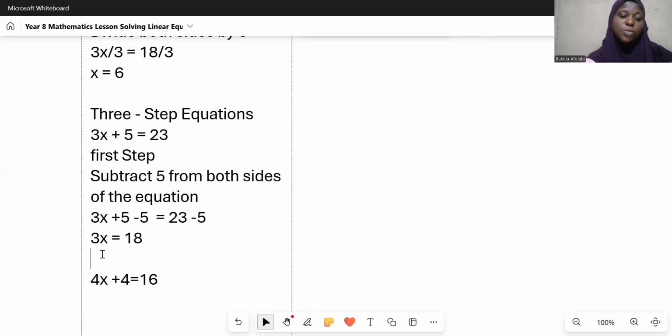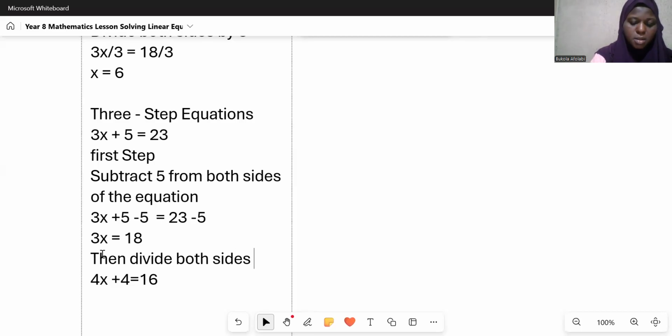From this, we divide both sides by the number attached to x, which is 3. Divide both sides by 3.